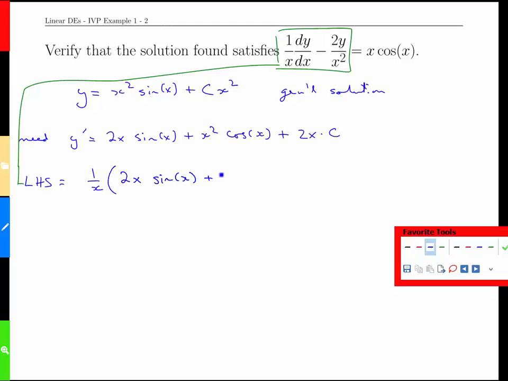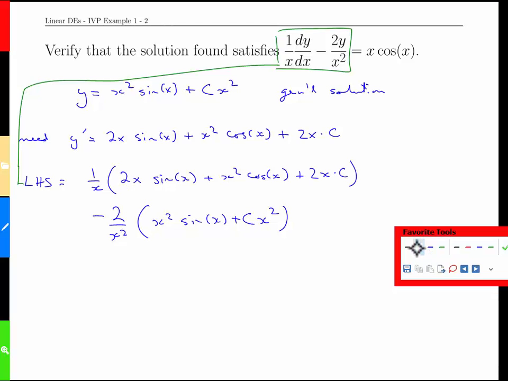So again, these can get lengthy, but there's nothing hard in this substitution. That's 1 over x y prime minus 2 over x squared times y, which is at the top there. So you just have to be careful, making sure you have all the ingredients. And then hopefully we're supposed to get this to simplify down to the right-hand side.